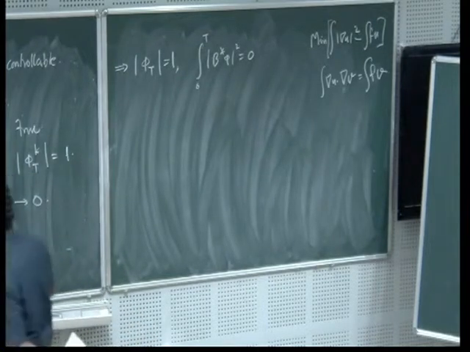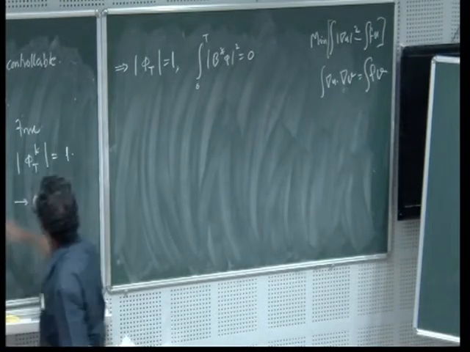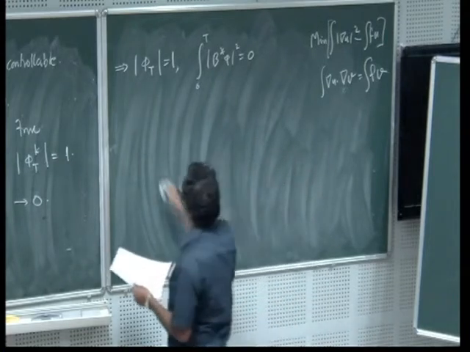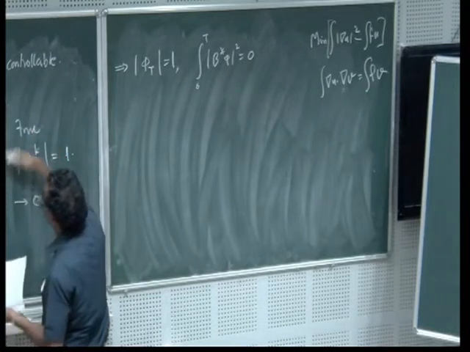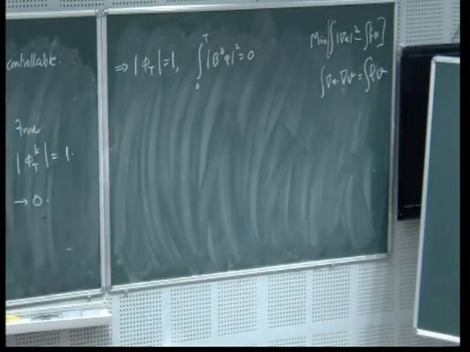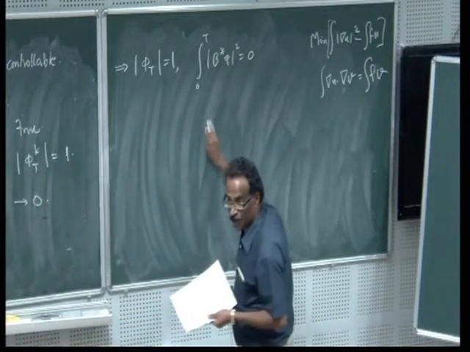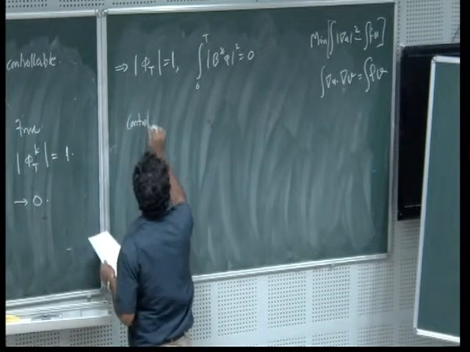This is just a contradiction. Now you have assumed controllability. We have not used this one. What you have deduced is just, if this is not true, what will happen? That's all we have deduced. But the controllability will imply something. So you apply controllability.